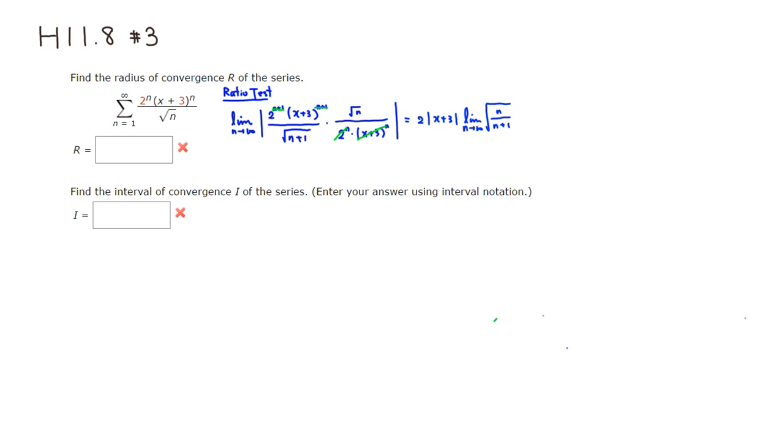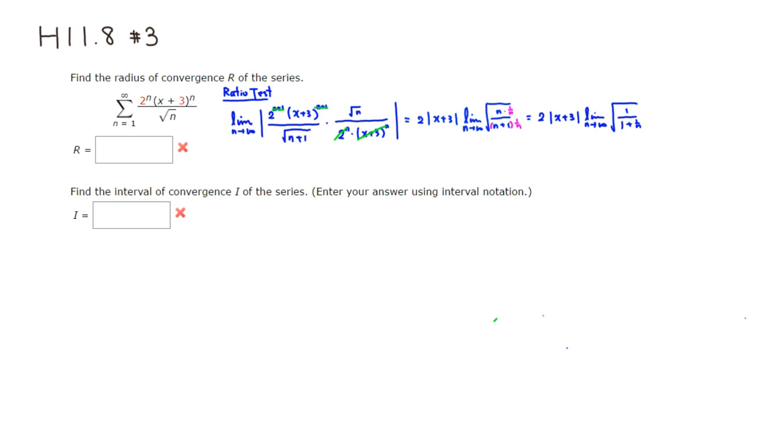Then we can do the same trick again: multiply by 1 over n on top and 1 over n on the bottom. Then you would get 2 times the absolute value of x plus 3, times the limit as n approaches infinity of the square root of 1 on top and 1 plus 1 over n.